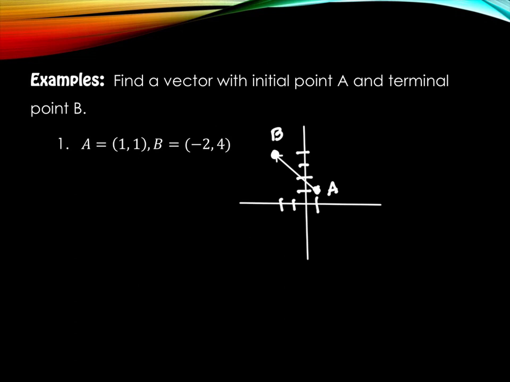Okay. The way that we actually find the vector, though, has to do with recentering that vector I just did. It's like I'm picking it up and moving it back to the center, with the initial point being the origin. So in a very real sense, I'm taking this vector and shifting it down here. That's what I'm doing when I'm finding a vector.